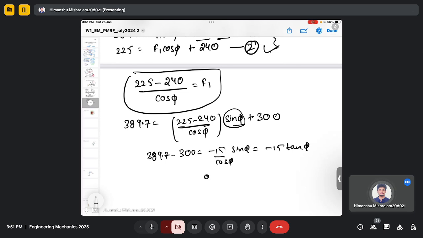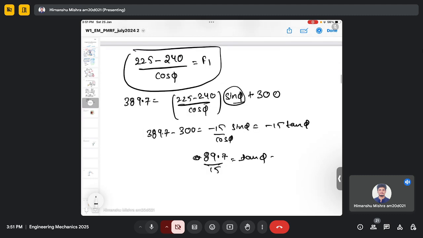So it is 89.7 divided by minus 15 tan phi, and when you solve this you will have tan phi equals 5.98.